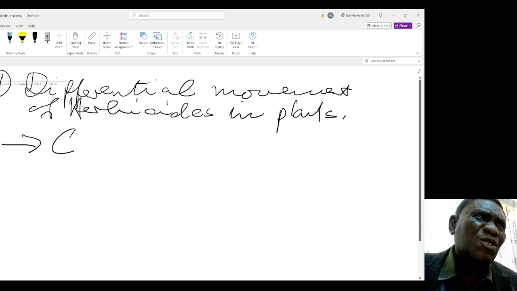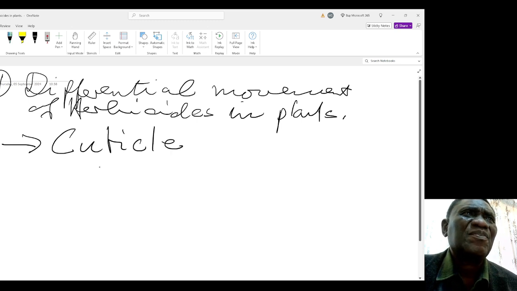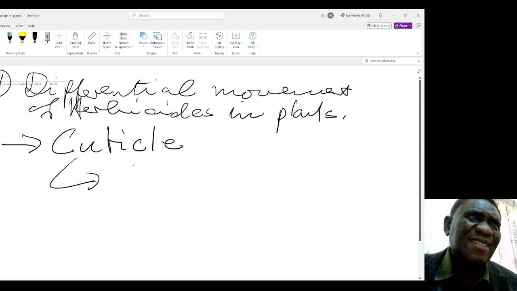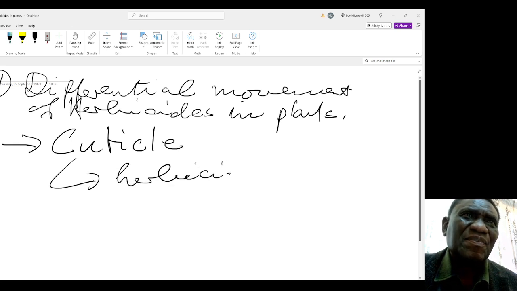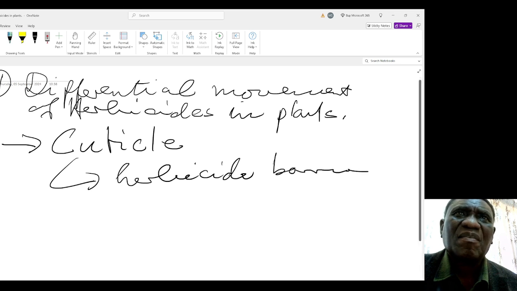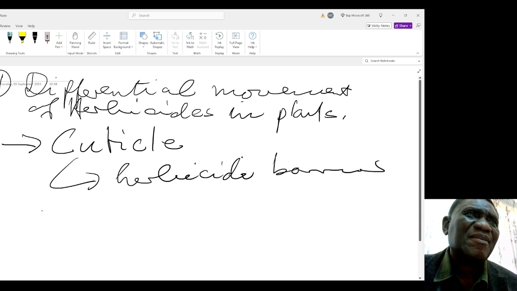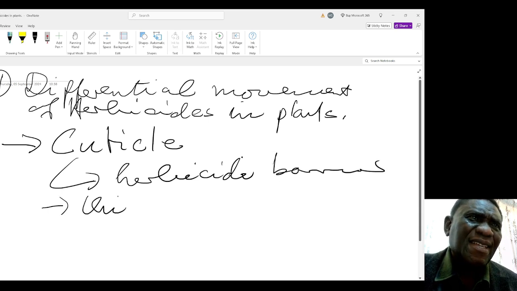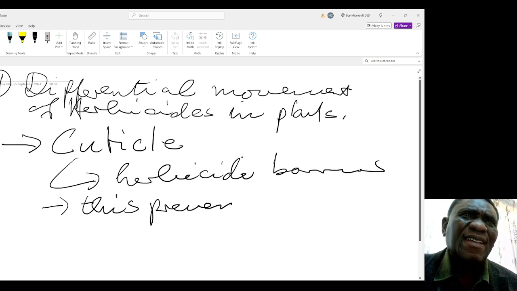Here we want to specify the cuticle. This is a herbicide barrier. This prevents herbicide movement.